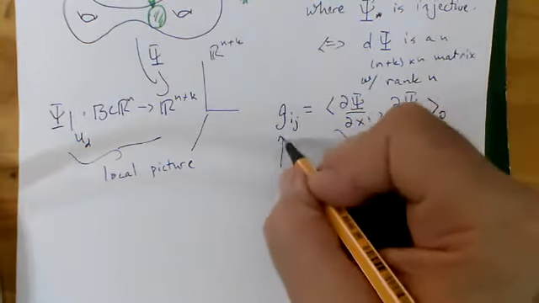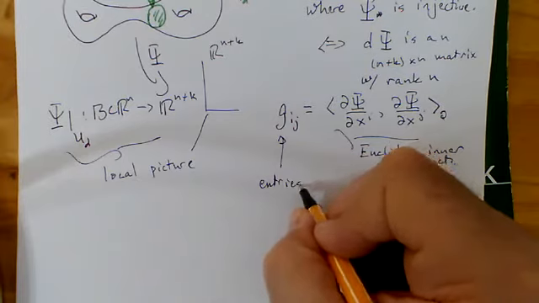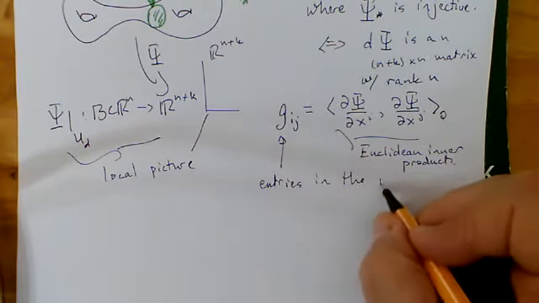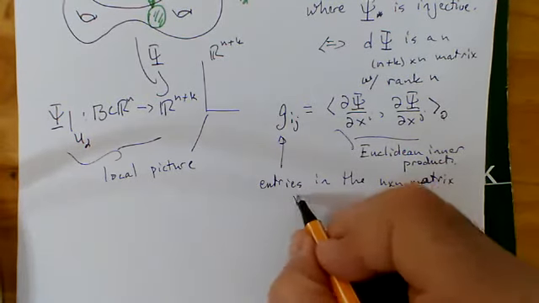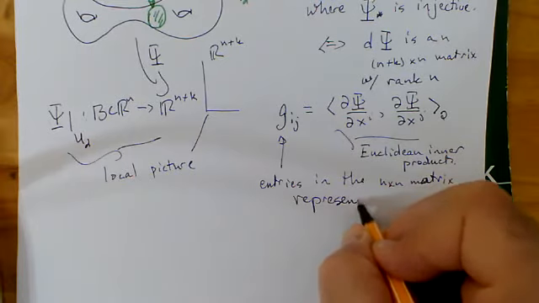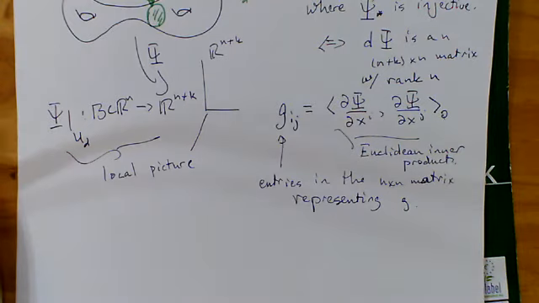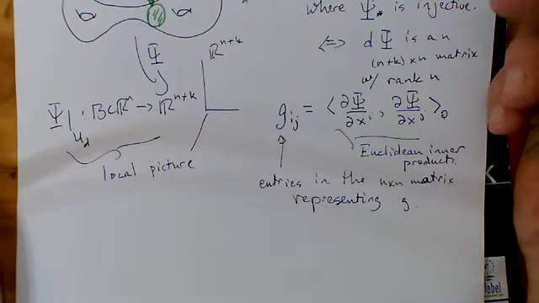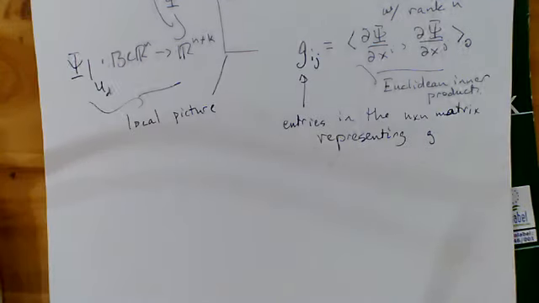So here the g_ij's, these are just the entries in the n by n matrix representing my Riemannian metric G. Right, so this is my local picture for a Riemannian submanifold.